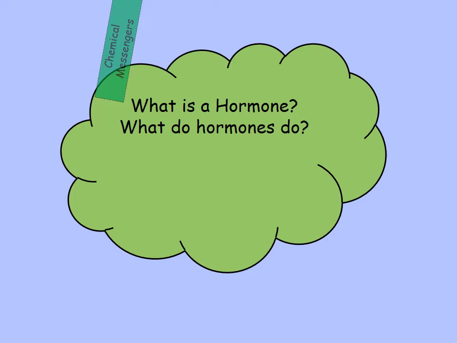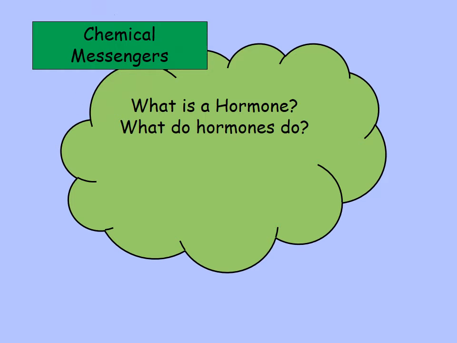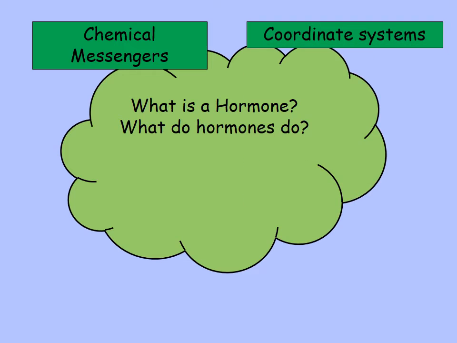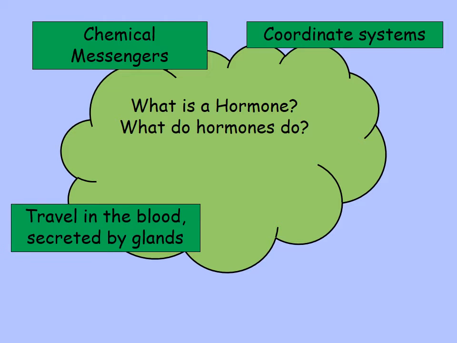Right, so the first thing that we need to know about hormones is that they are chemical messengers. The second thing is that they help to coordinate systems, so they are involved with homeostatic responses to information. They travel in the blood.